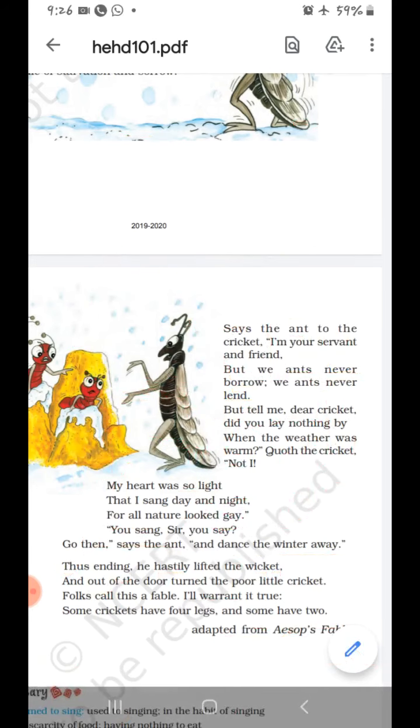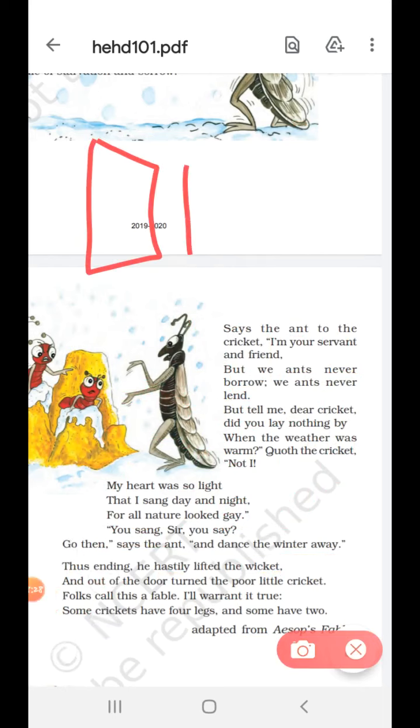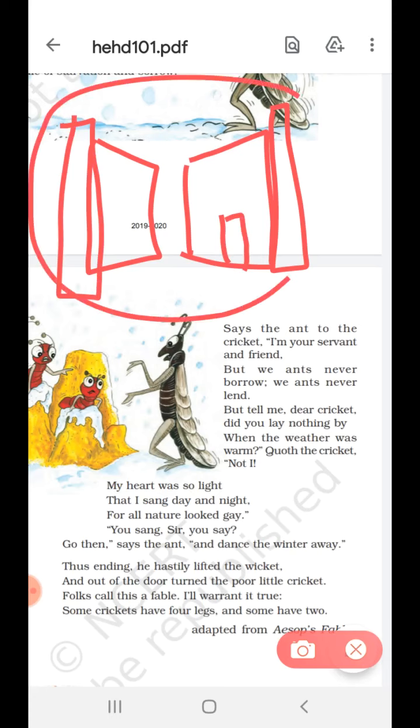Okay, so this is the gate. Okay, this is the pillar, and then here you will see a small opening, that is called wicket. And this type of gate you will find in northeast India.